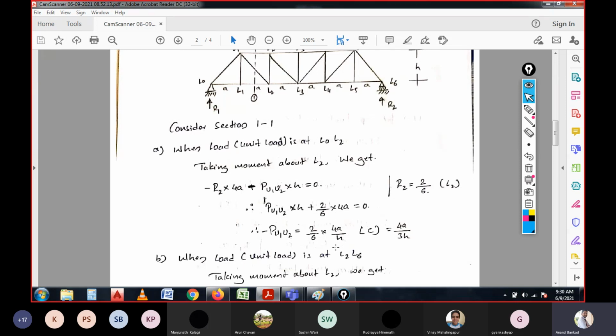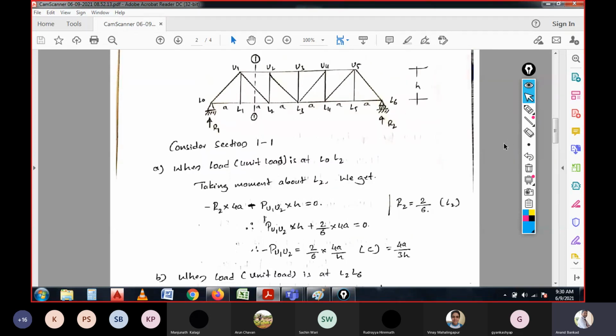We are substituting the values: P U1 U2 equals 2 by 6 into 4a. What is the distance for R2? R2 value, how we have calculated: now the section is taken for L2 over here. Then R2 means we have to consider the opposite side of the section.